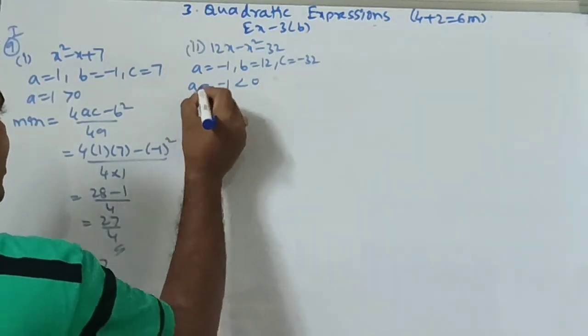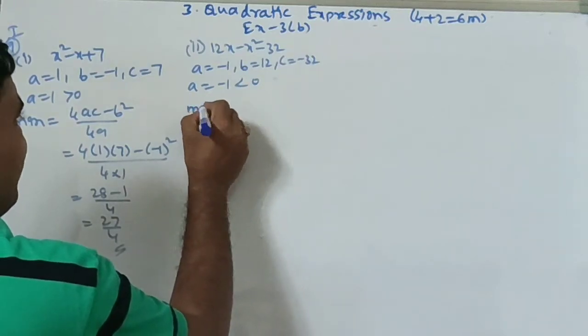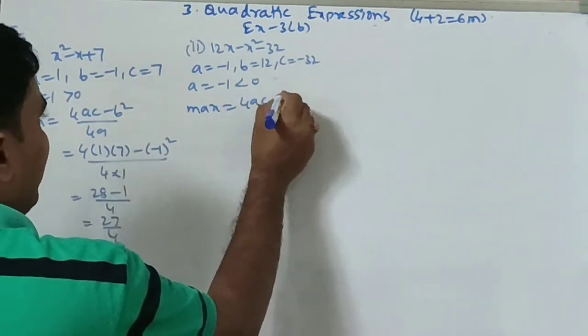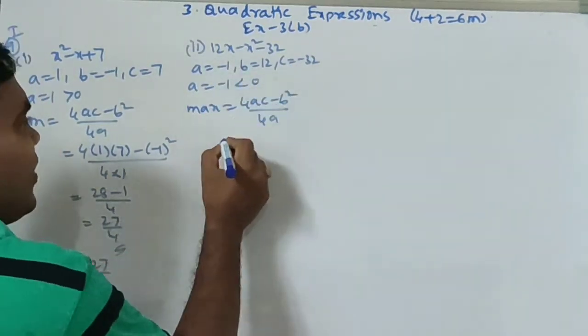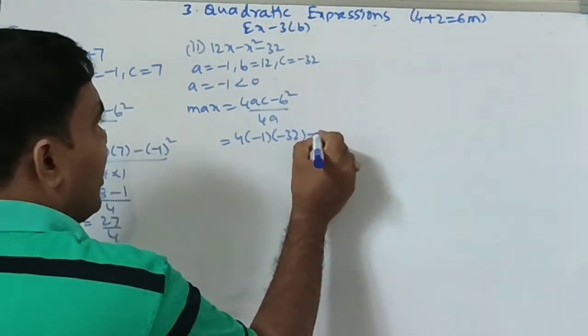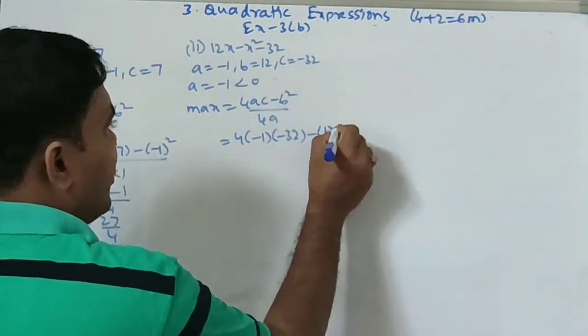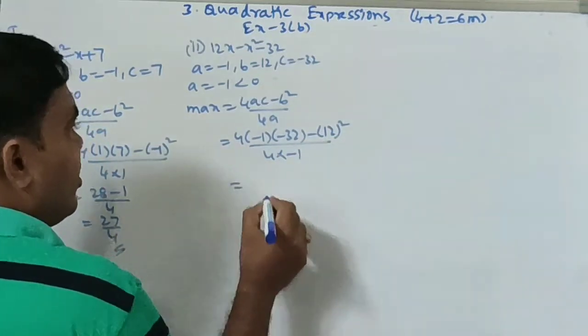So this polynomial contains a maximum value, 4ac minus b square by 4a. So I want to substitute these values. 4 into minus 1 into minus 32, minus b square, 12 square, by 4 into a, minus 1.